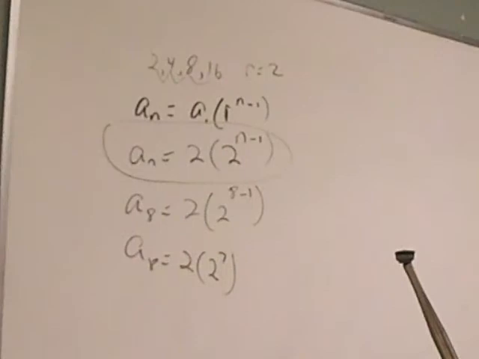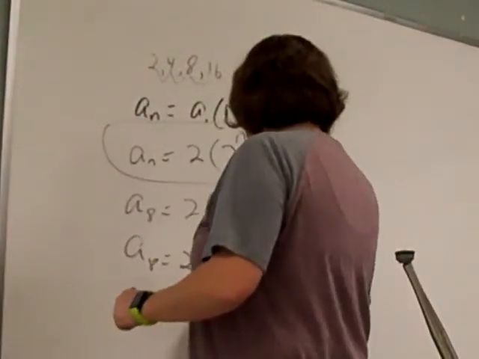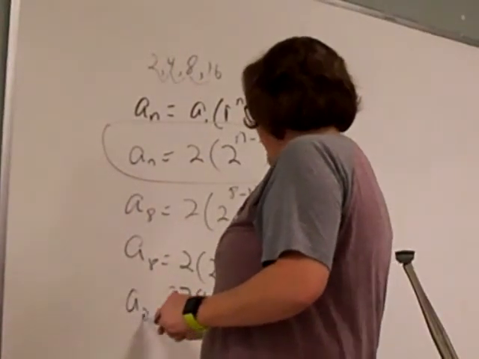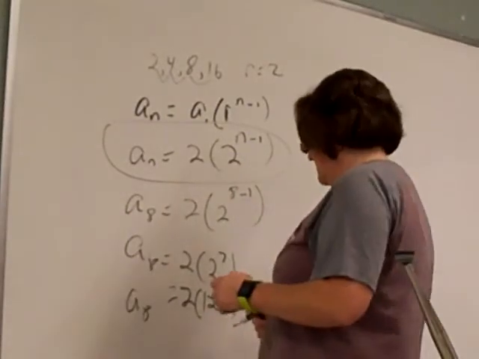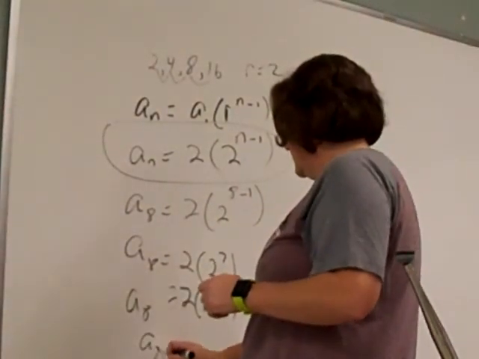Alright, 2's, I usually just do those in my head. I'm not going to get a calculator out for that. 2 times 2 is 4, times 2 is 8, times 2 is 16, times 2 is 32, times 2 is 64, times 2 is 128. So this 2 to the 7th is 128. And then when we multiply that by 2, so we bring that down, 128 times 2 is 256.